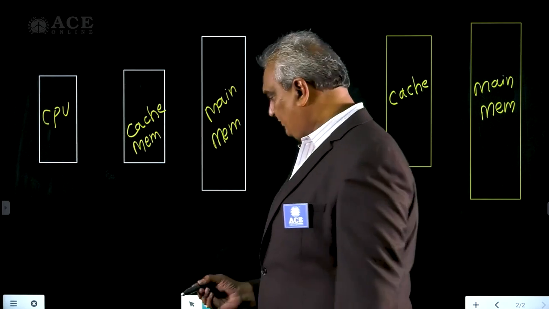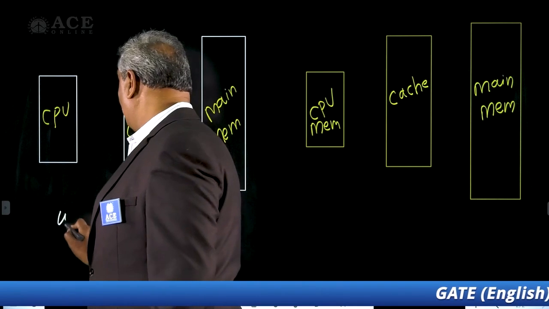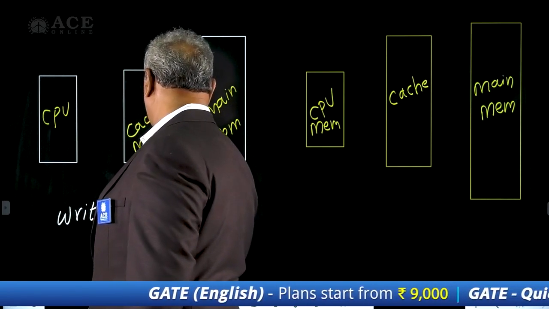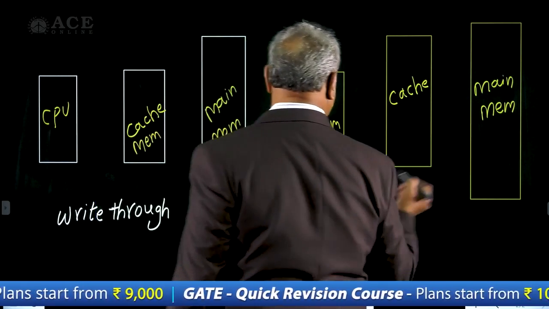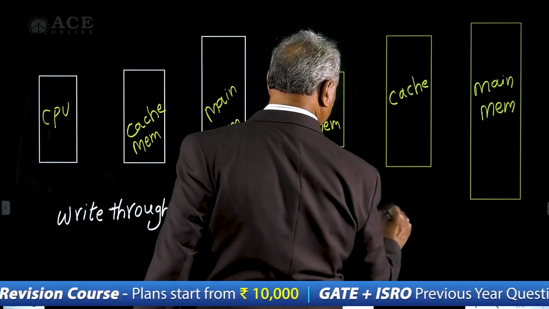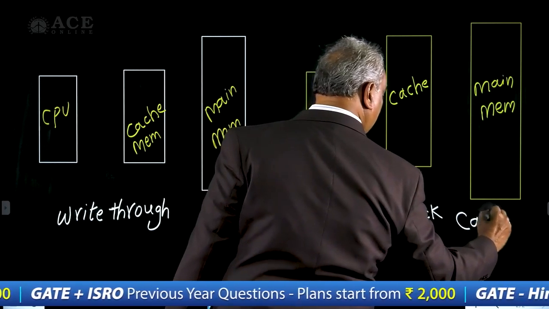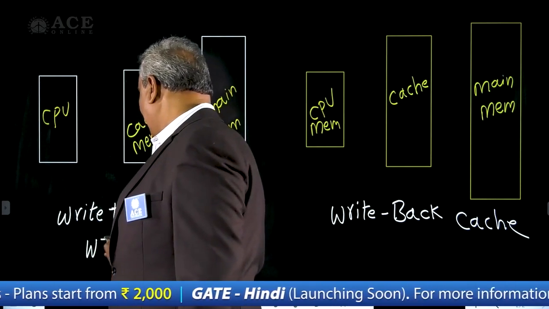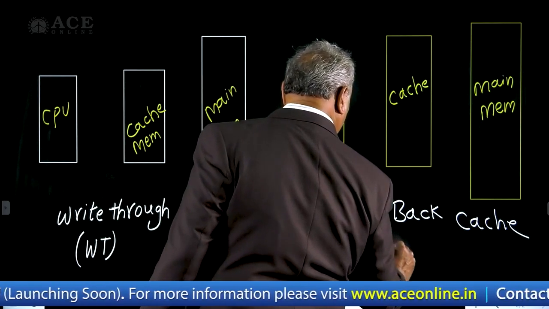This diagram is used to represent write through cache, whereas this diagram is used to represent write back cache. Write through means WT, according to the given question style. Write back means WB.